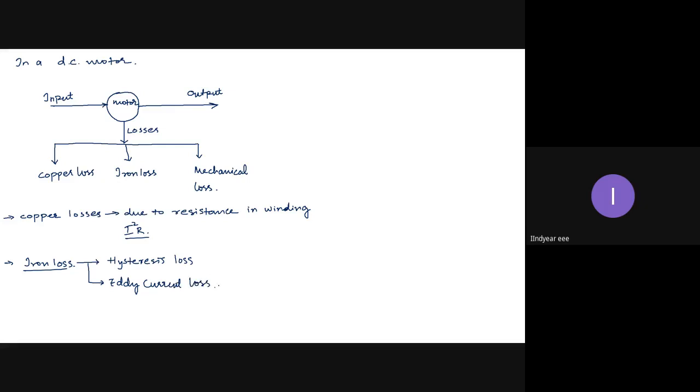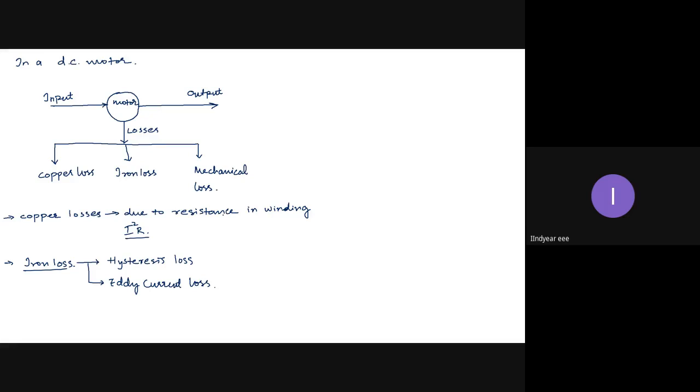What is hysteresis loss? Why does hysteresis occur? Briefly, I will tell what hysteresis loss is, because in the initial class I said that when we come to the losses, I will tell how exactly hysteresis loss and eddy current loss occur.